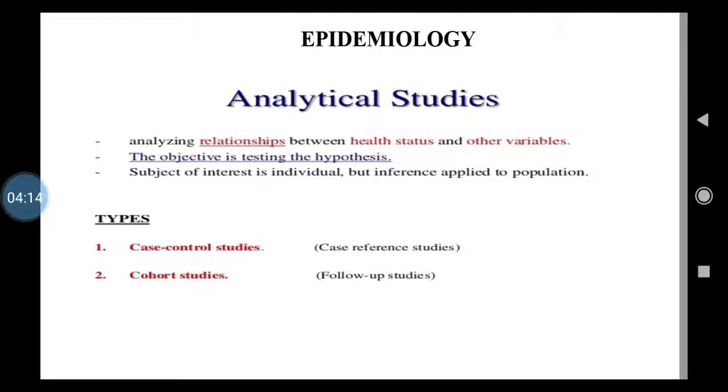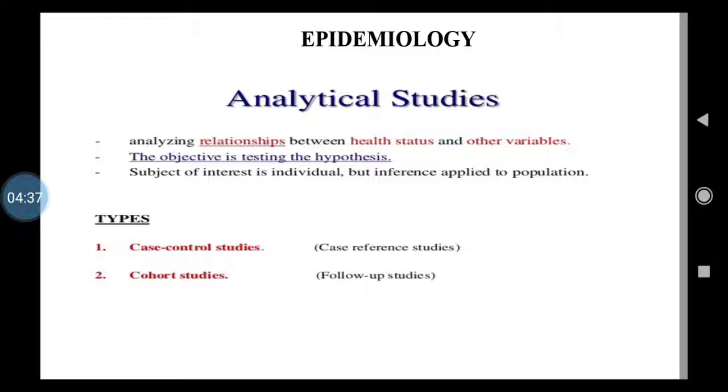Then next is the analytical method. In this observational study, this is the second one, analytical studies. As the word indicates, it means analyzing the relationship between health status and other variables.